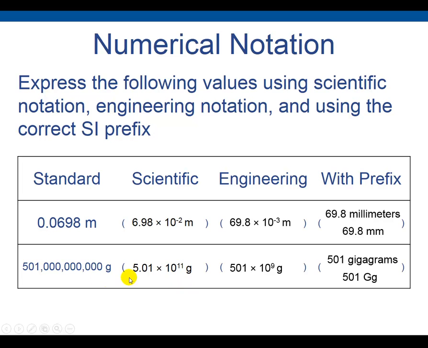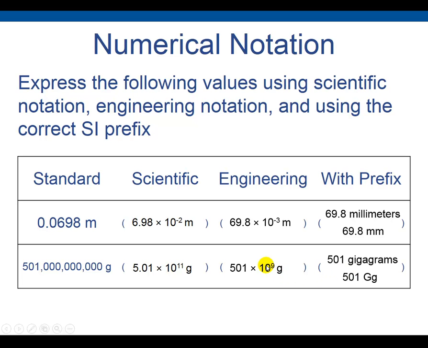Same here, you can see m times 10 to the nth gram. The value of m should be higher than or equal to 1 and less than 10. But here it's less than 1000, so it's feasible, and the superscript number is a multiple of 3. It's 9. It's great.